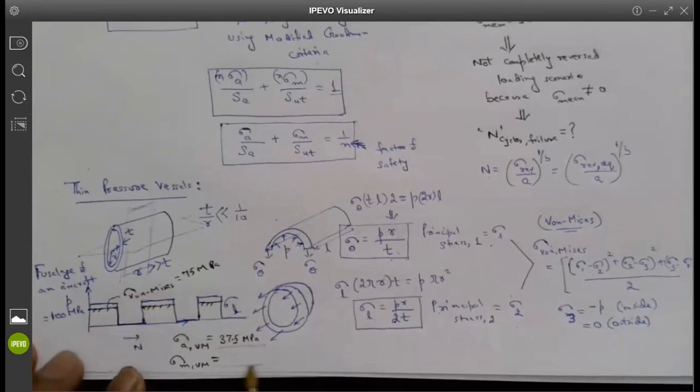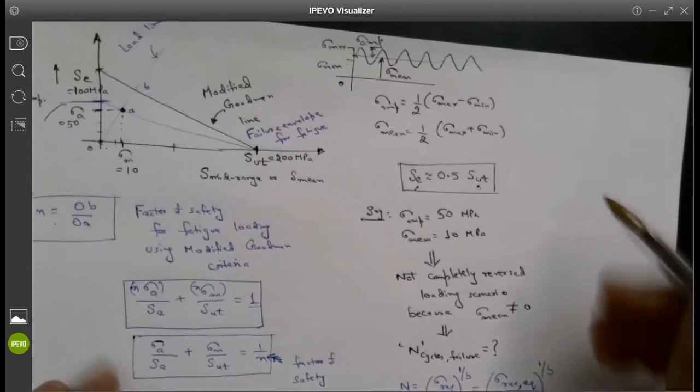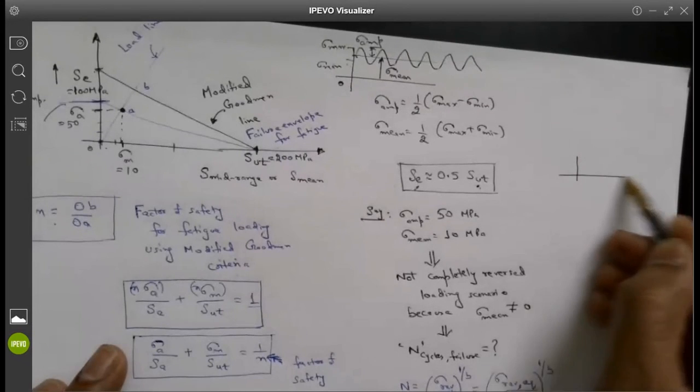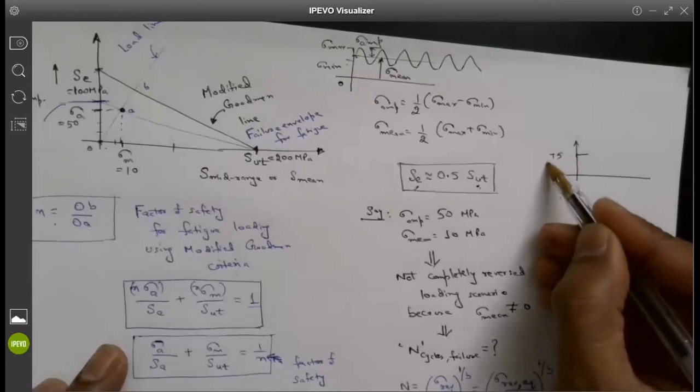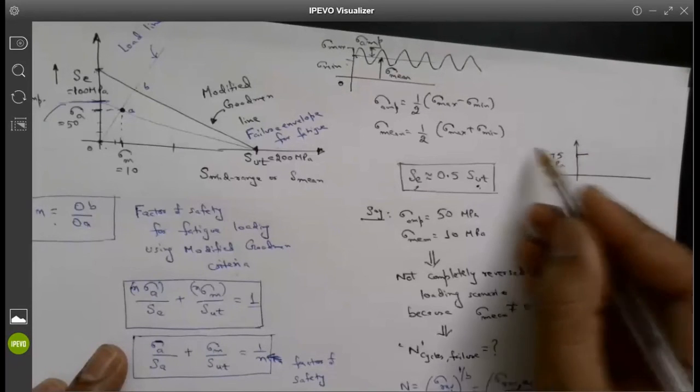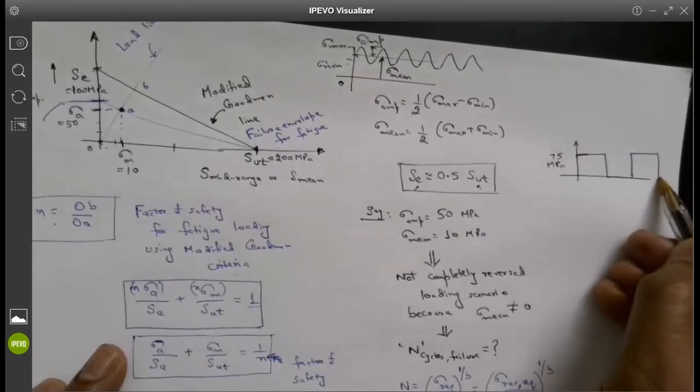What is the mean component of that? What is the mid-range component of that? Do you guys see what I'm trying to say here? Let me use this piece of paper. So you have 75 megapascals during the pressurization cycle, von Mises stress, 0, 75, 0, and so on.